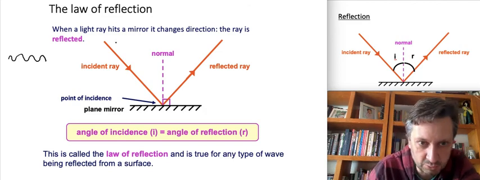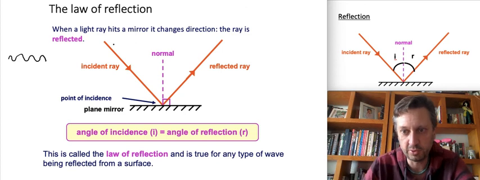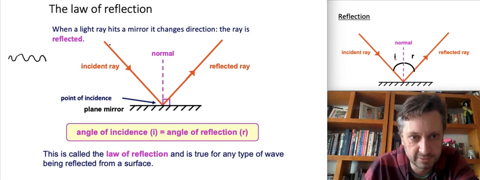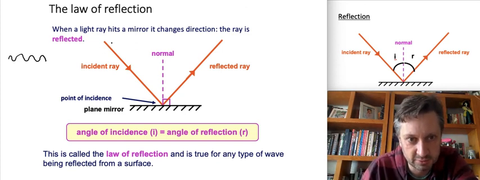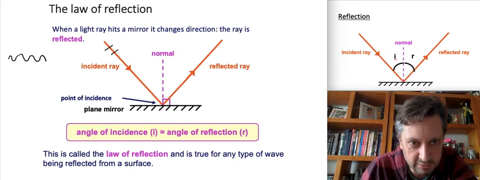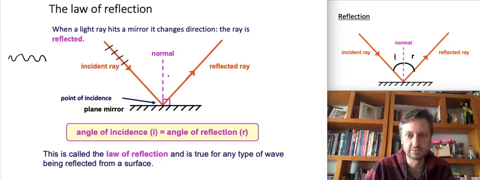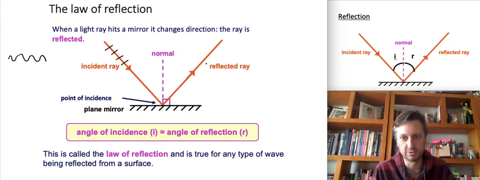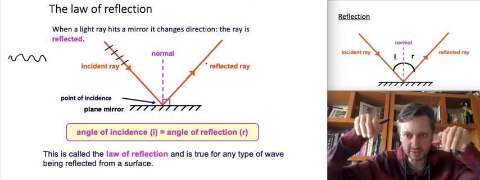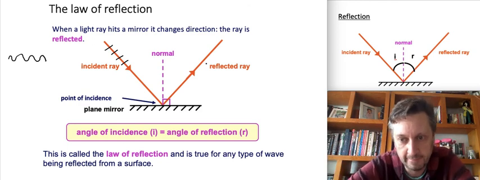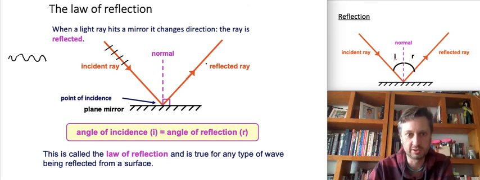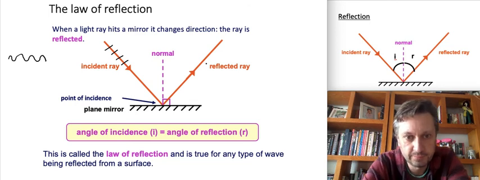The ray is what you would see if you're looking down on top of the transverse wave, and you know that light is a transverse wave. So what you could actually see here is crest to crest to crest to crest. Obviously those should be the same size, and it's the same coming off as well on the reflected ray. So we're looking down on a ray, and we're basically looking at wavefront to wavefront.